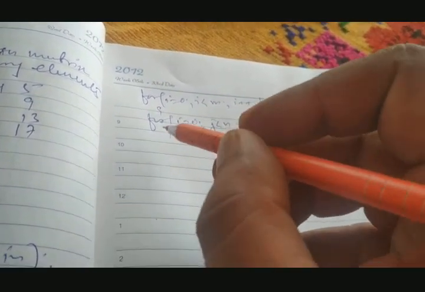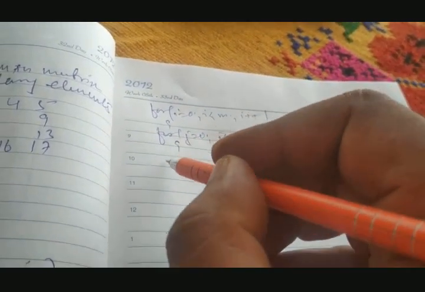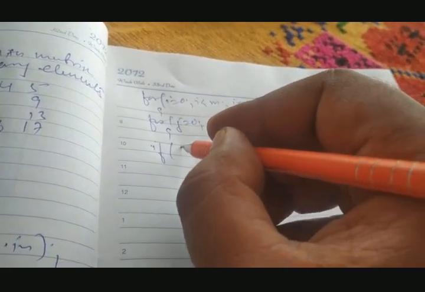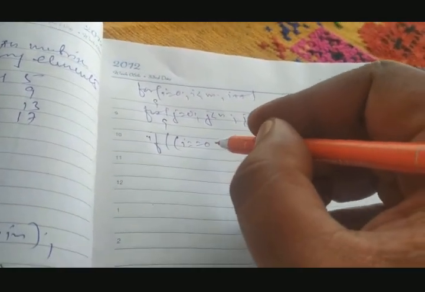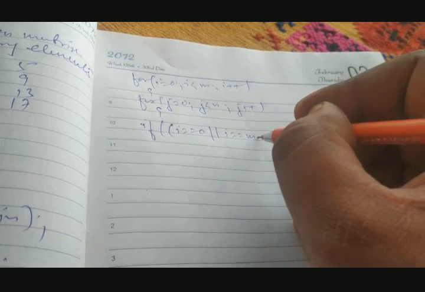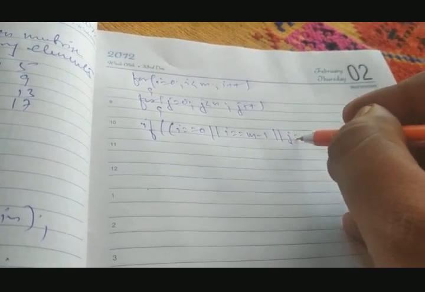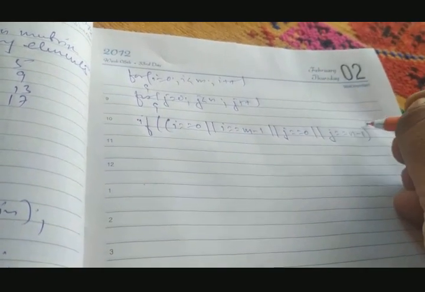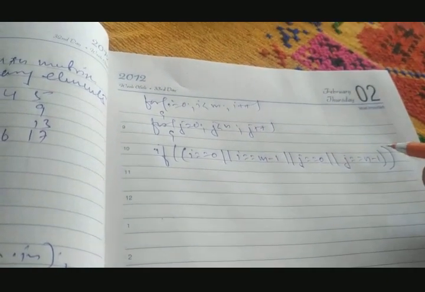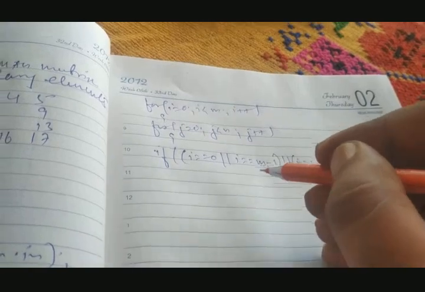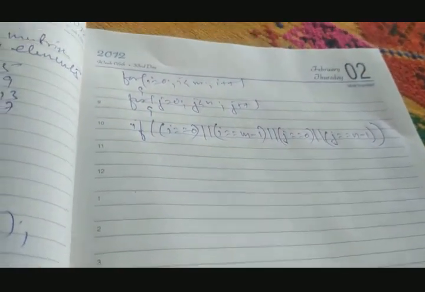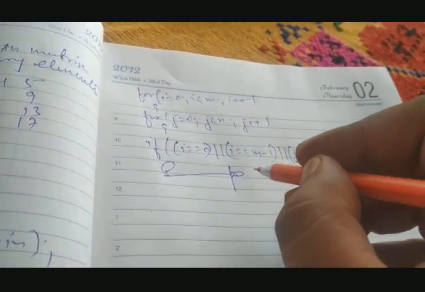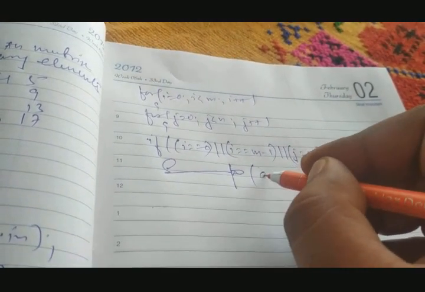And if i equals 0 or i equals m minus 1 or j equals 0 or j equals n minus 1, if this is the condition, then you print SOP a of i j.